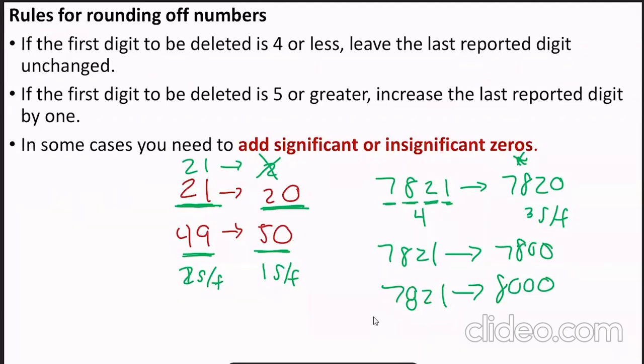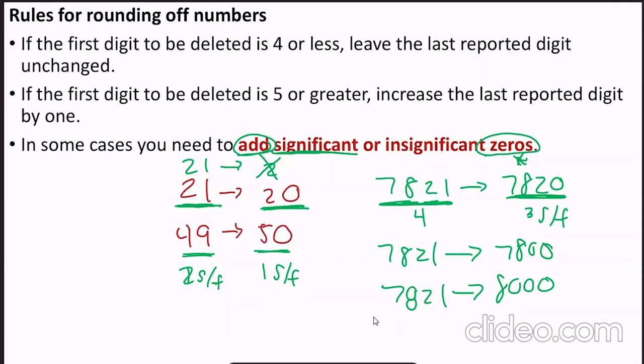If I have 4 digits, when I round it, I still have to have 4 digits, right? So we don't want to just get rid of any, but we do have to add a significant 0. So we change 1 to a significant 0. We change 21 to significant 0.